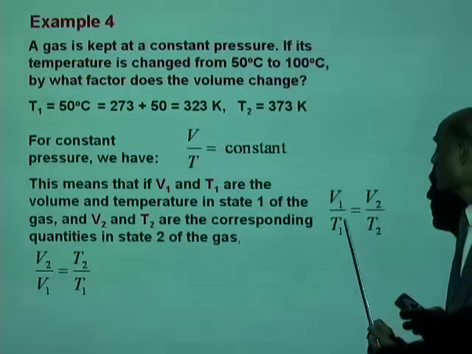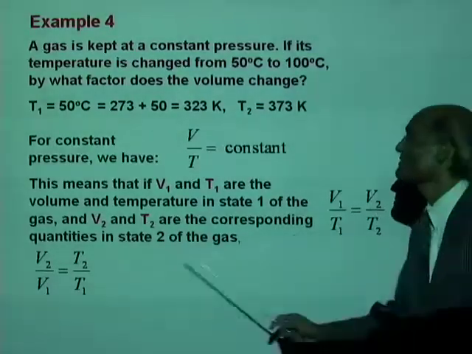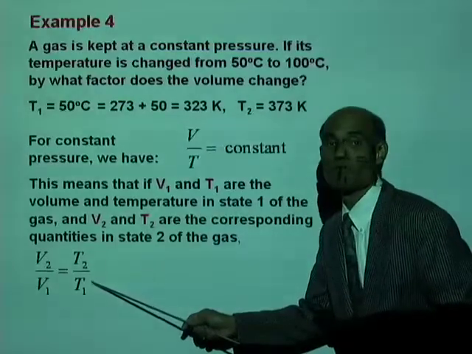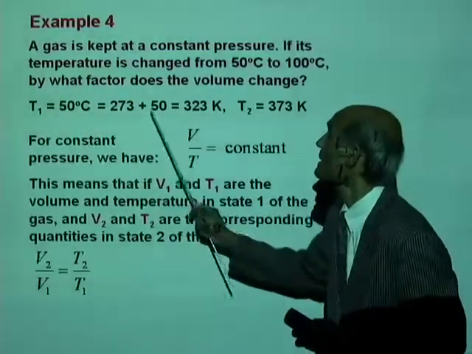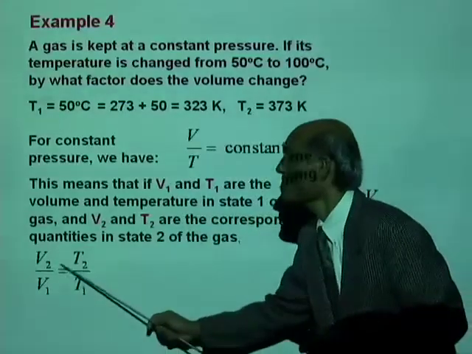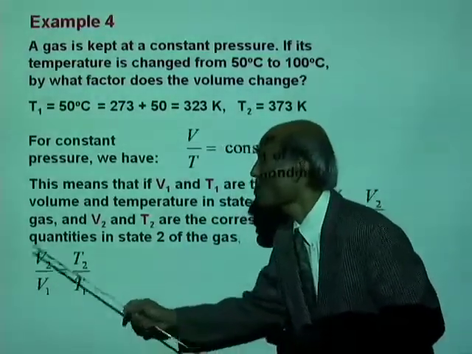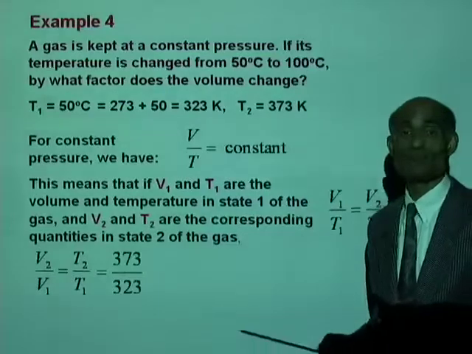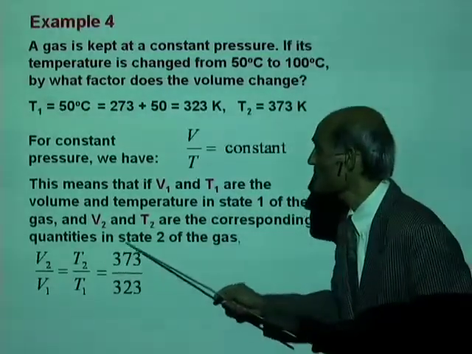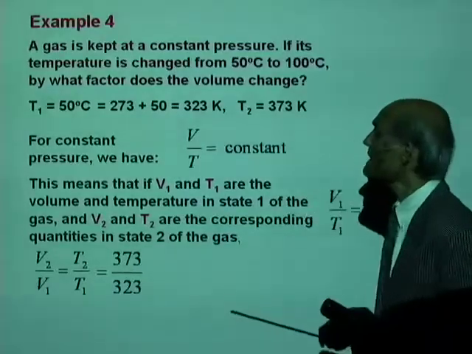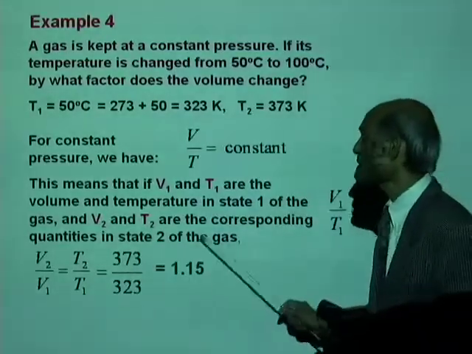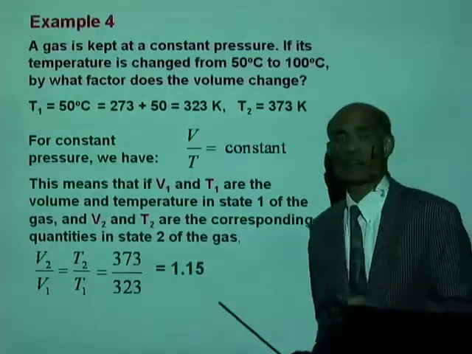Alright, so in this case, if V1 over T1 equals V2 over T2, then V1 divided by V2 will be equal to T1 divided by T2. Well, we are given the values of T1 and T2, therefore we can find the value of V2 over V1. T2 is 373 and T1 is 323, and that is 1.15.